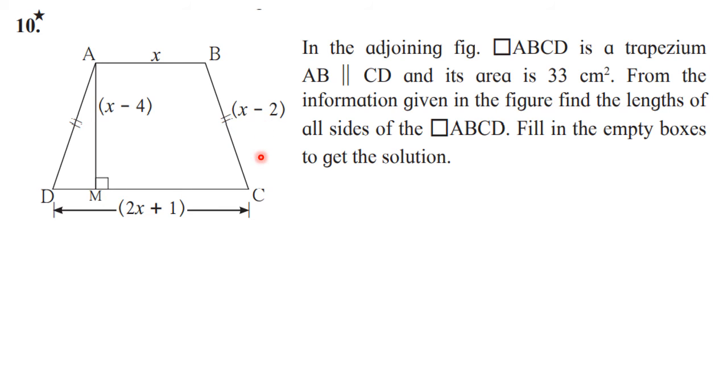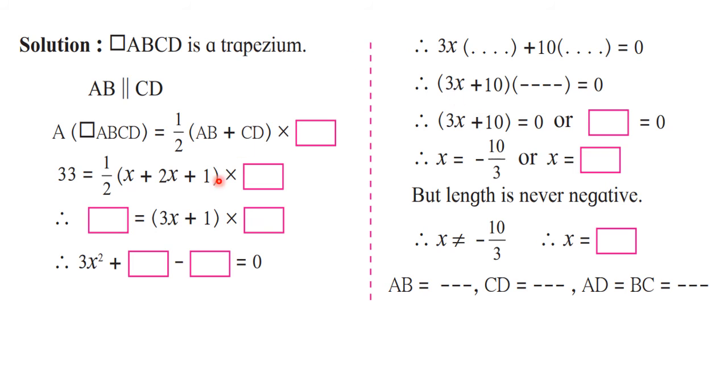Now let's see how it is given. They have given that it's a trapezium and AB is parallel to CD, and therefore area of quadrilateral ABCD is half into sum of parallel sides, means AB plus CD, and height is AM here. Then write down that here, open the bracket and solve it.